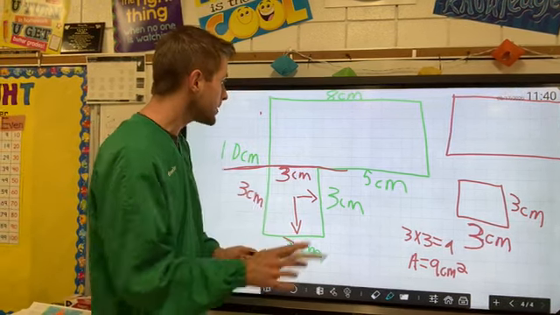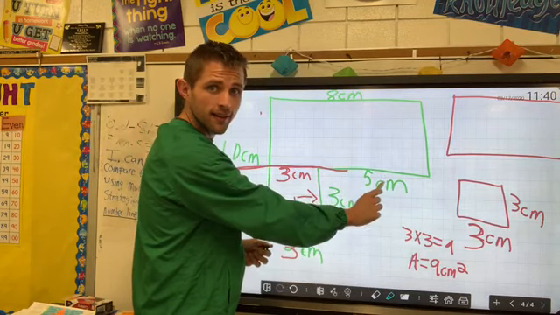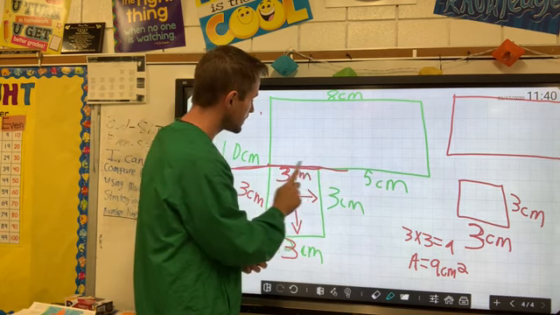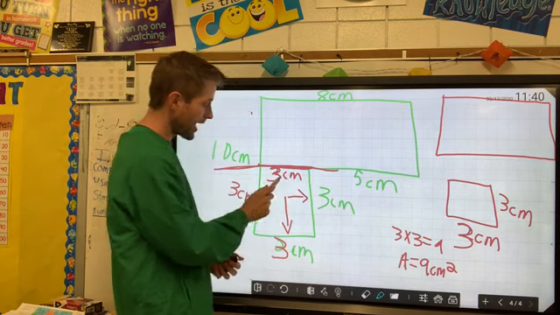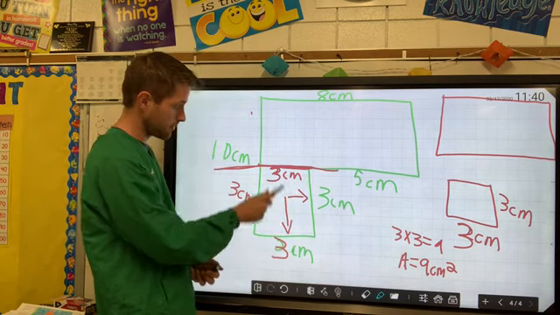Find the dimensions. Now look, remember, it was 5 centimeters up here, right? But we added to it for our width. How much did we add? We added 3 centimeters. See that?